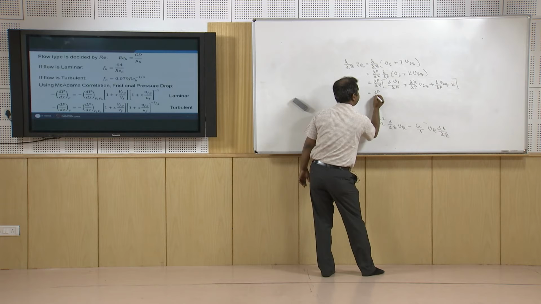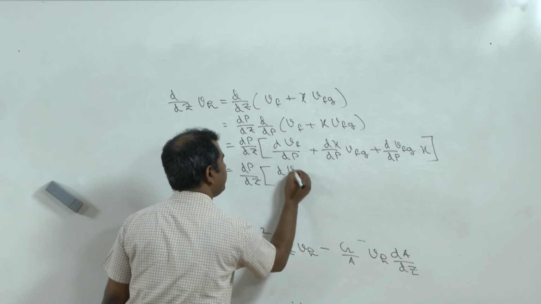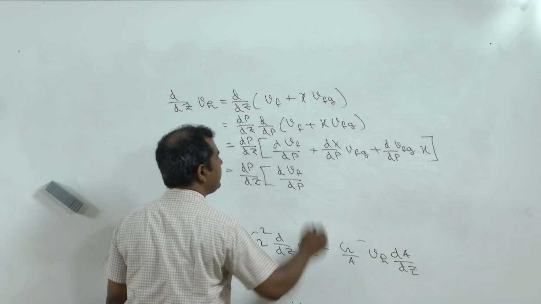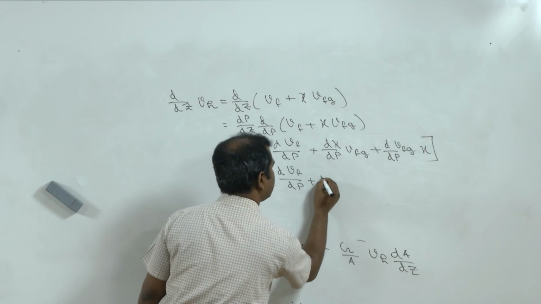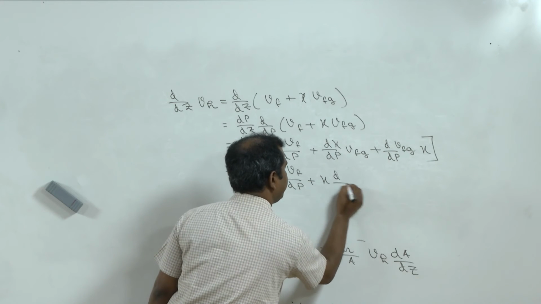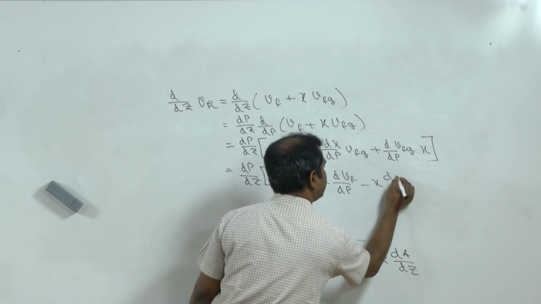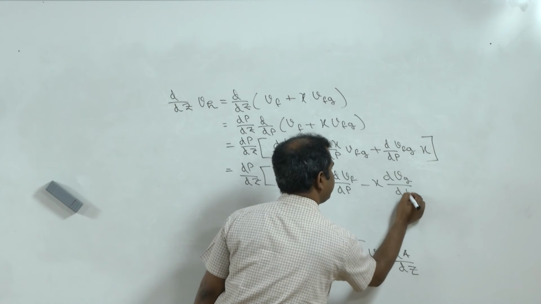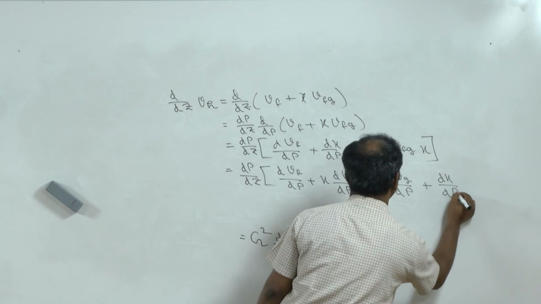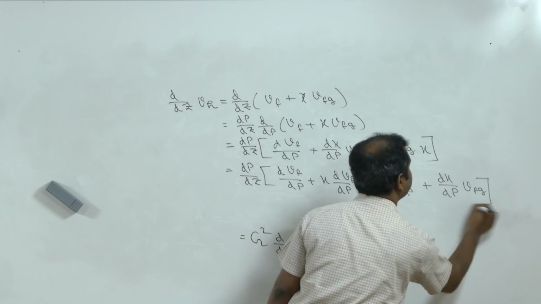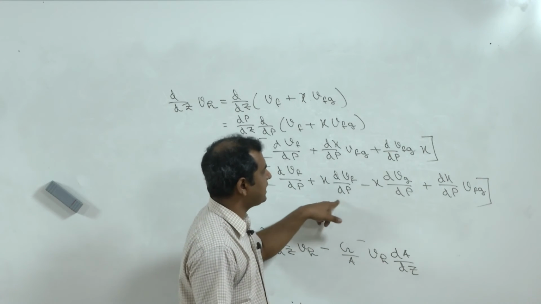So, this becomes dP/dz over here, dvf/dP, and here you see once again you will be getting x into d/dP of vf minus x into dvg/dP plus dx/dP into vfg. What I have done essentially is, this term I have written over here, and dvfg I have subtracted like this.